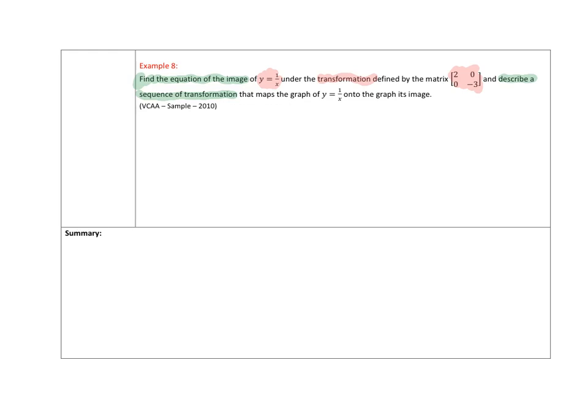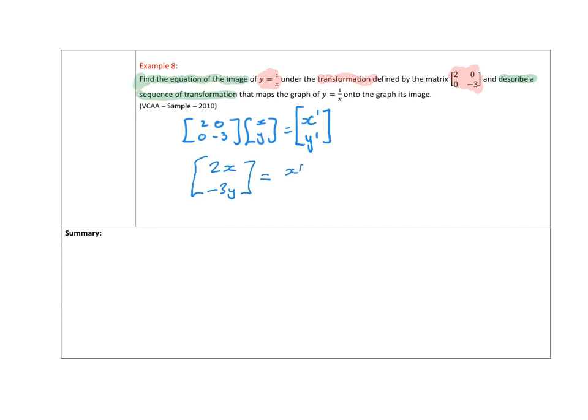So, starting with our matrices, we've got 2, 0, 0, negative 3 times x, y is equal to x dash and y dash. If we evaluate the matrix, we get 2x and negative 3y equal to x dash, y dash.